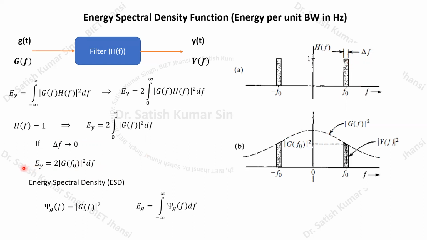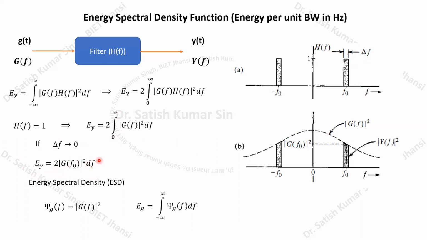If you are able to calculate this value, you will be able to calculate the energy, because it is a very narrow band filter. Otherwise, you can substitute for this limit. If you get G(f naught), you will be able to calculate E_Y, and you also have to multiply by the small df.